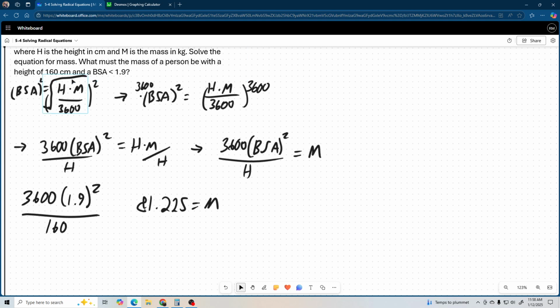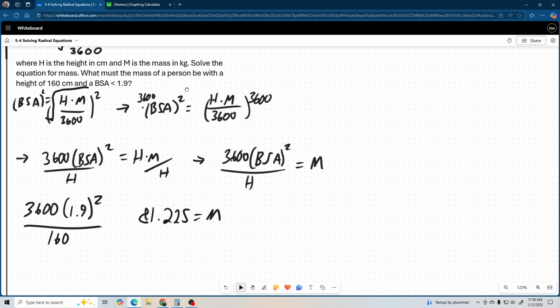Now, this is the mass when the BSA is less than 1.9 and the height is 160 centimeters. So in interpreting this, we have to understand what the question is asking. What does the mass have to be? The mass has to be less than this, otherwise the dose wouldn't work.